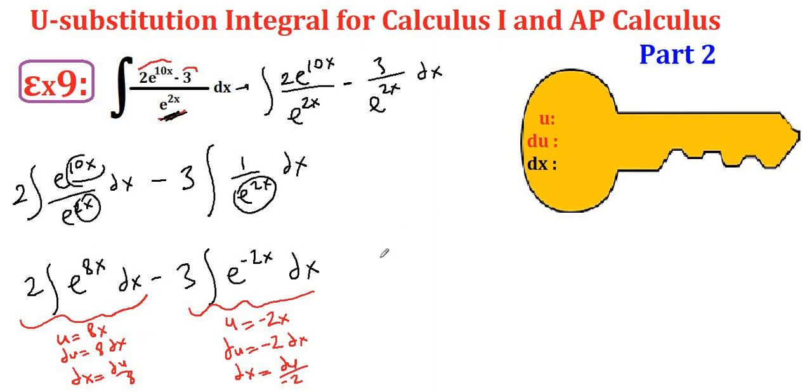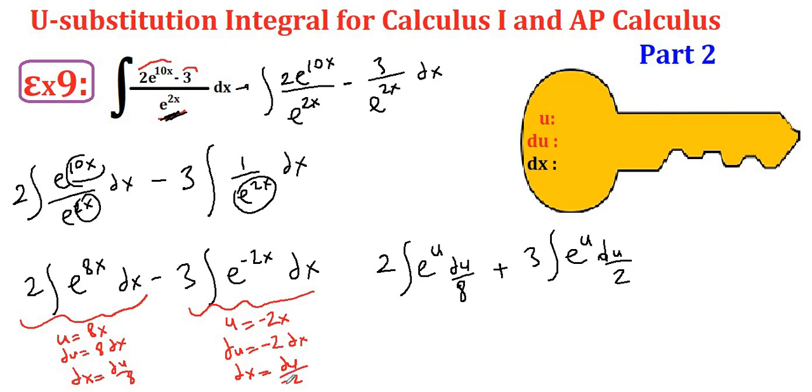Now let's rewrite everything in terms of u. In the first integral, we have 2 integral e to the u instead of 8x, and instead of dx we have du over 8, minus we have the integral of e to the u, and instead of dx we have negative, if you pull the negative sign in front, du over 2.